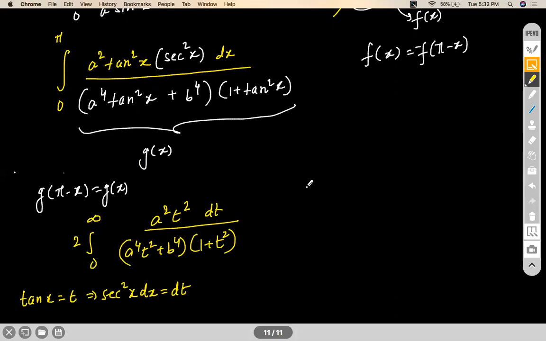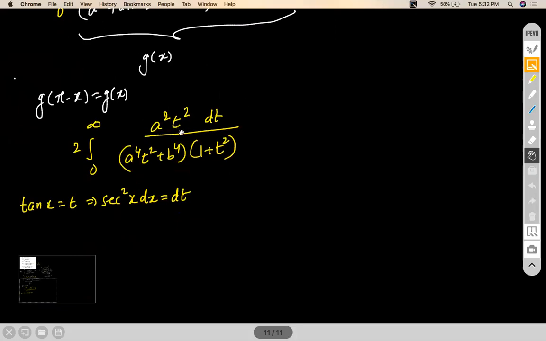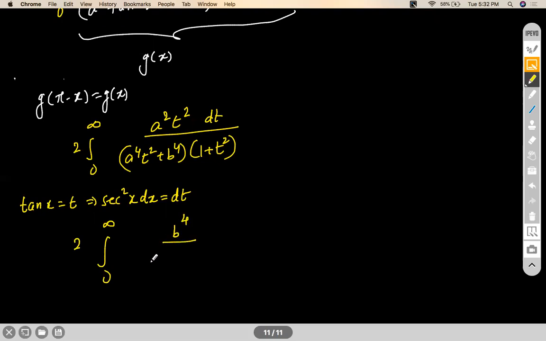Okay. Now I'm sure you all have done partial fractions. Treat your t square as if it is some y, right? Break it down into partial fractions. So when you break it into partial fractions, you'll get 2 times 0 to infinity. I'll directly write down the result. So it is b to the power 4 by a to the power 4 t square plus b to the power 4, minus 1 by 1 plus t to the power 2.